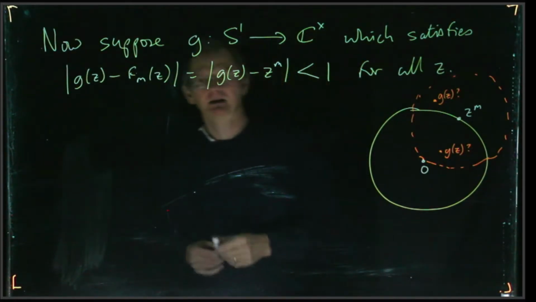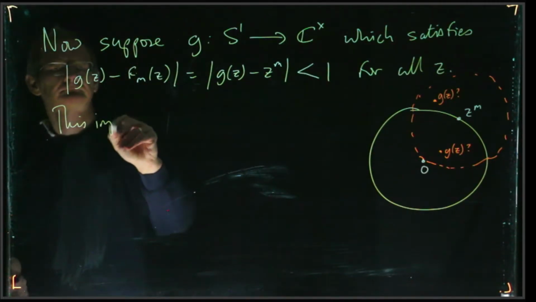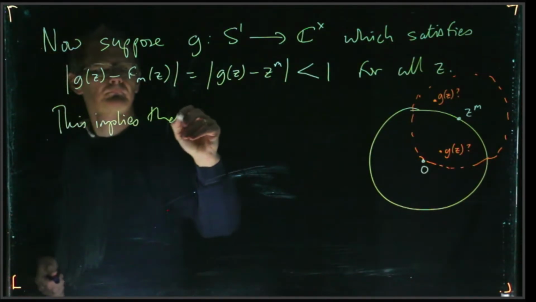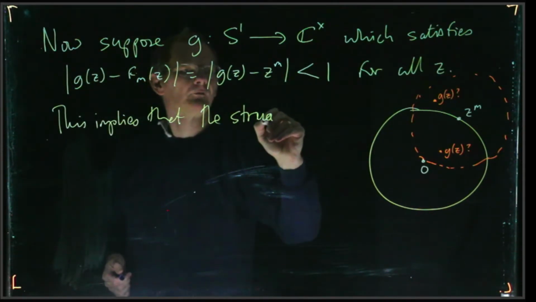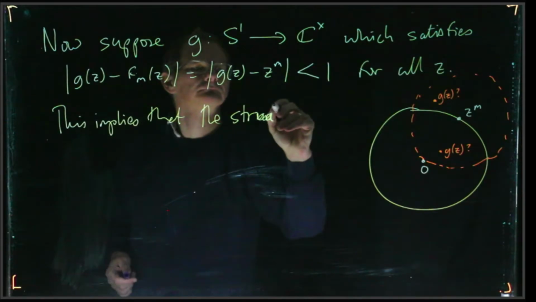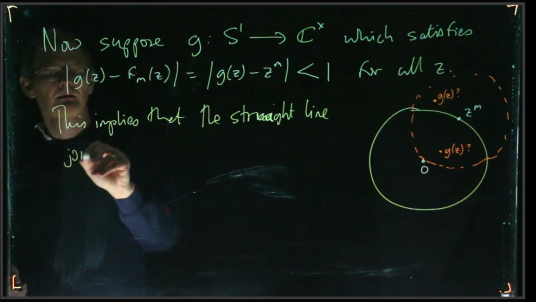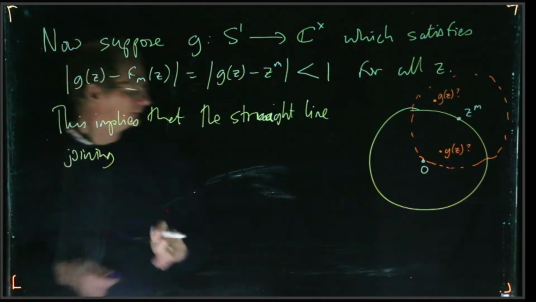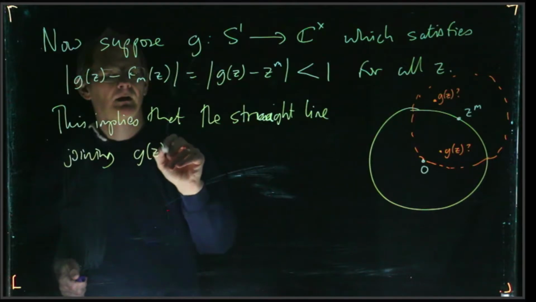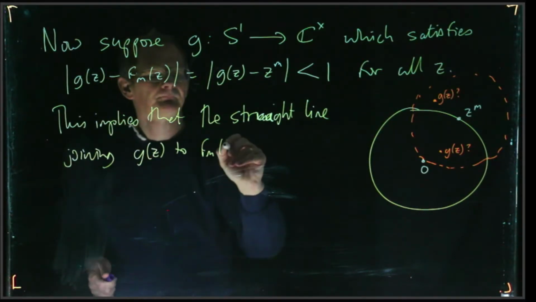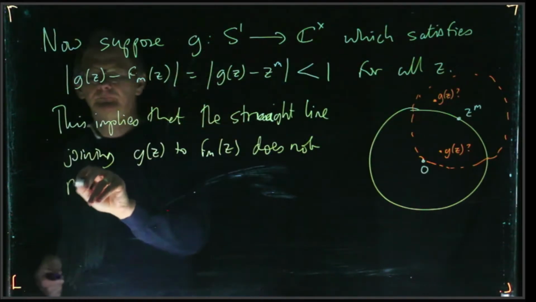And so in particular, if we look at the straight line joining G of z to Fm of z, it does not pass through 0.